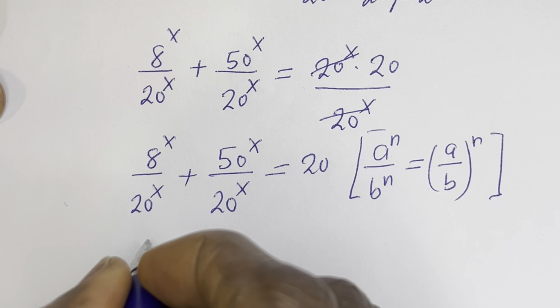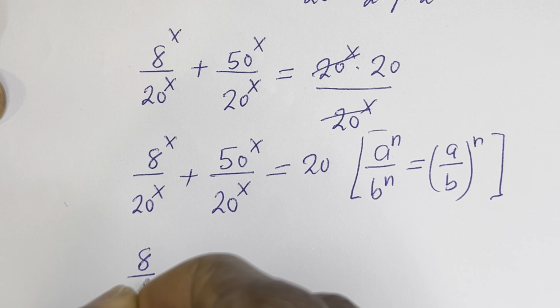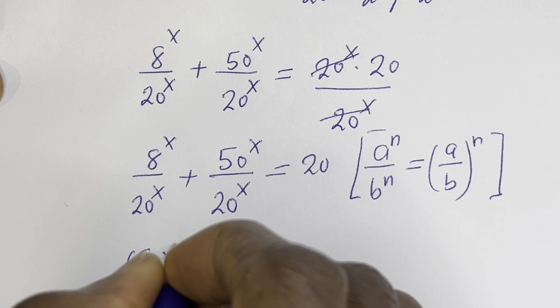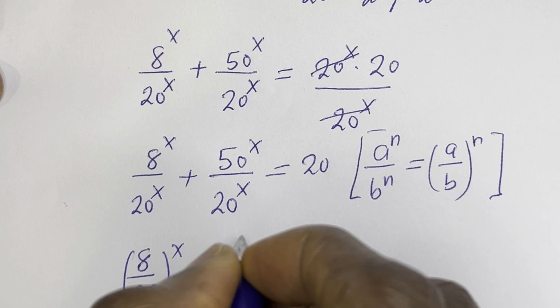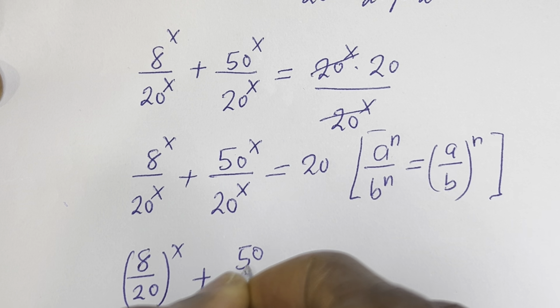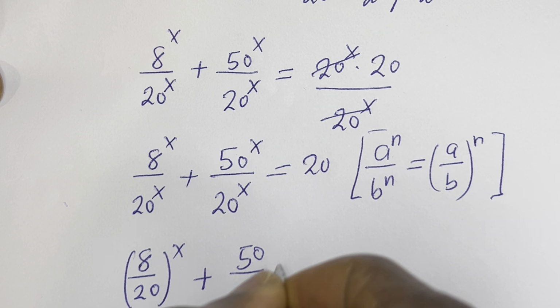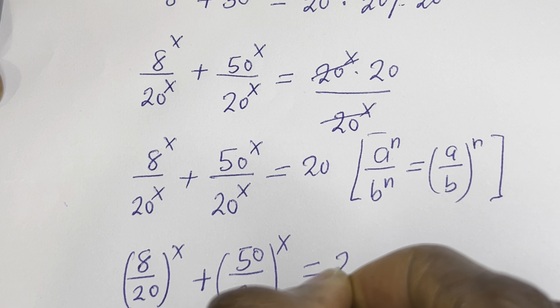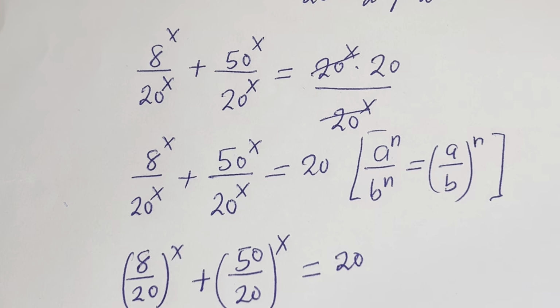Then this can be written as 8 divided by 20, all to the power of x, plus 50 divided by 20, all to the power of x, is equal to 20.